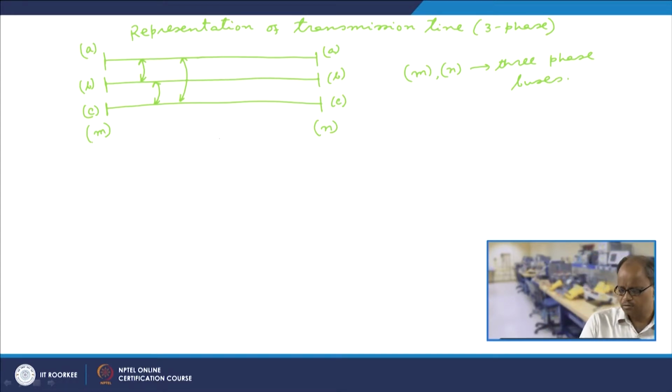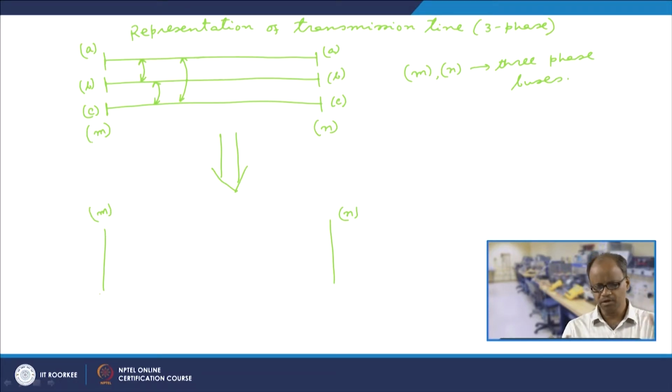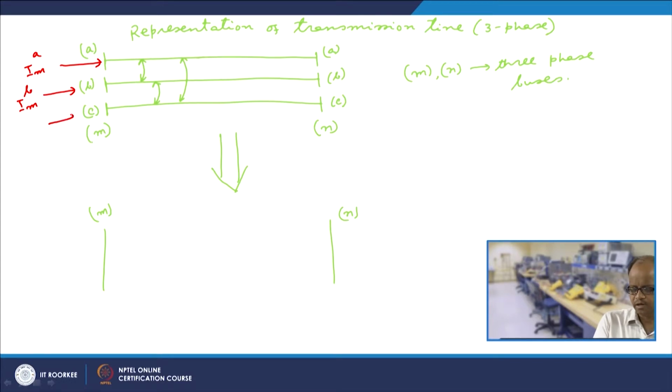To do that, we represent bus M like a big line, and then bus N. In this representation all these phases A, B and C have been merged, or let us say subsumed. Here of course we have I M A, and here also I M B, and here also I M C. These are the 3 injected currents.